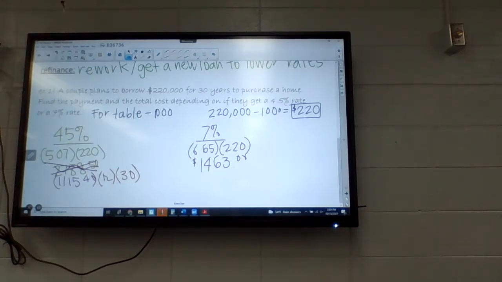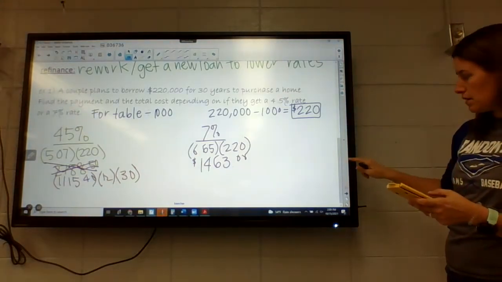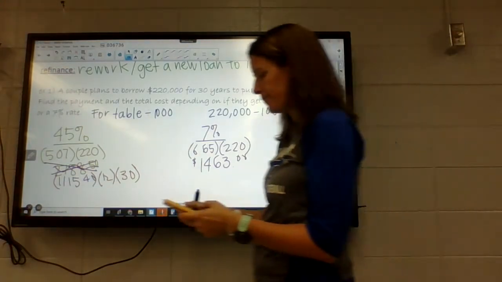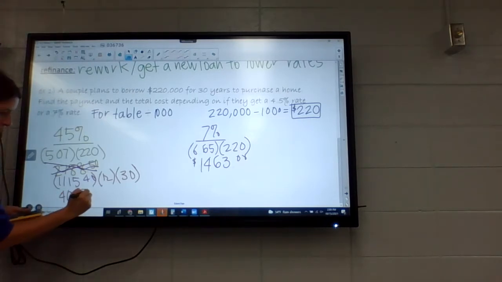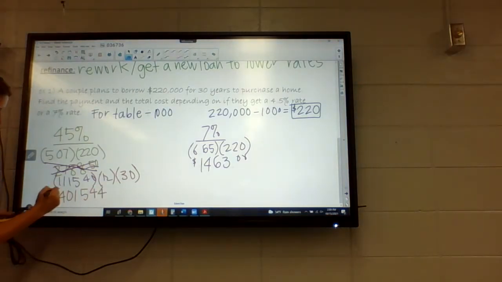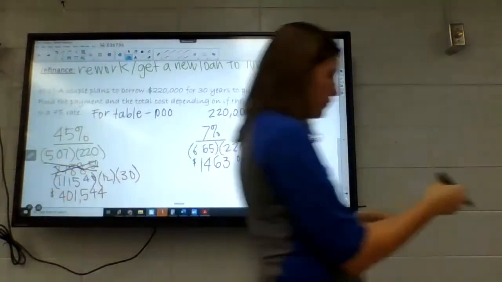Now, we thought we were paying $220,000. I'm doubting everything I'm writing right now. So with interest, we would pay $401,544 for $200,000.